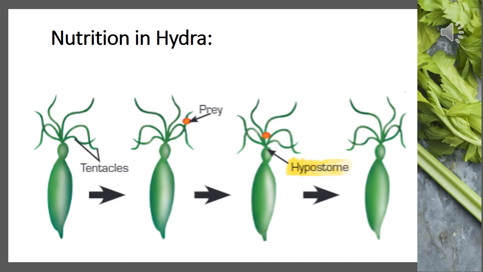Then the prey gets killed and is passed into the mouth. Further, the digestive juices inside the body are secreted and digestion takes place in the hollow cylindrical body. And further, you have the process of absorption where nutrients get absorbed, assimilated and transported to the entire body.